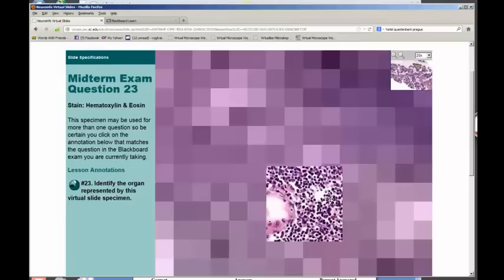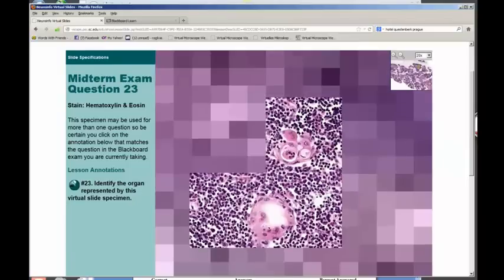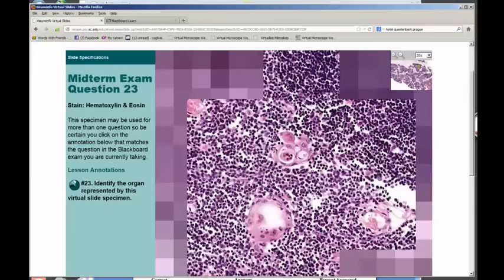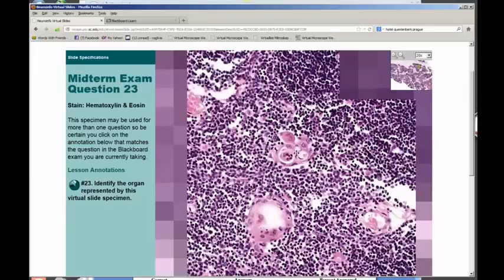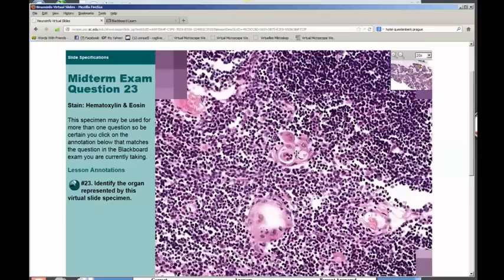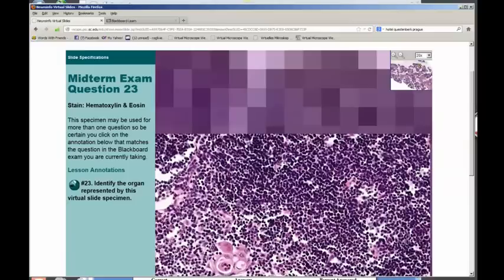And when you see it, I think you'll agree that this is a Hassall's corpuscle, and you see the whorls of the dying reticular epithelial cells that are forming this. Remember that the thymus has a reticulum, but it's made up of cells that are connected by desmosomes, and you can see these large nuclei here and there in the cytoplasm of the reticular cells, like in here and here.